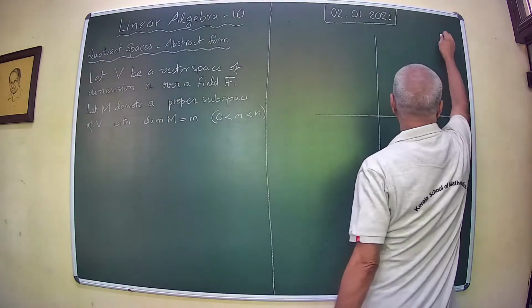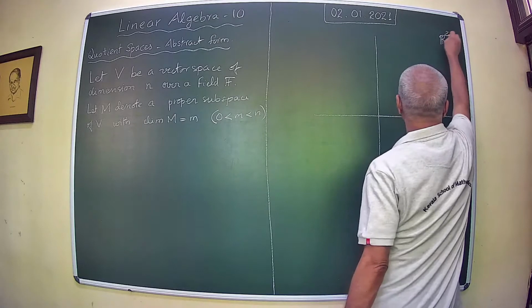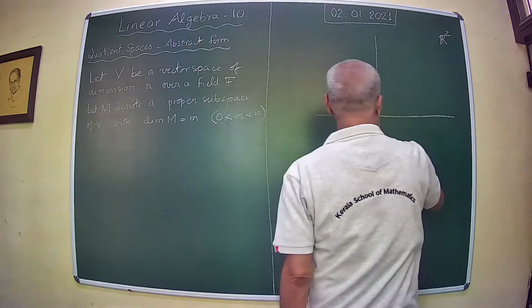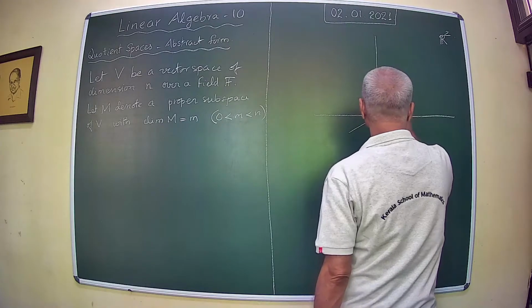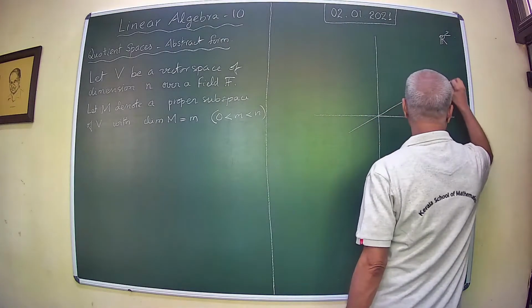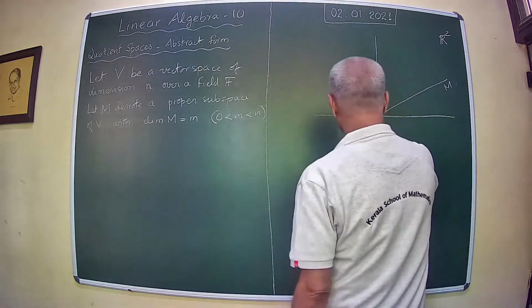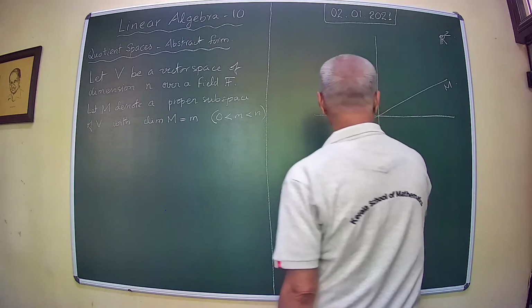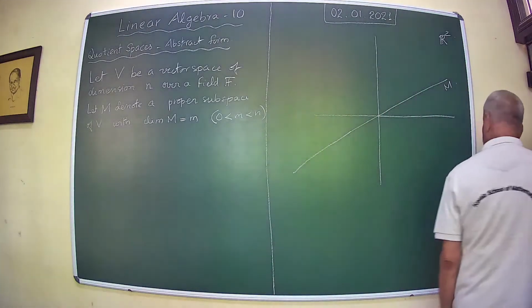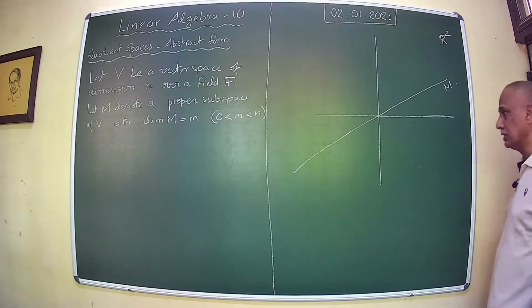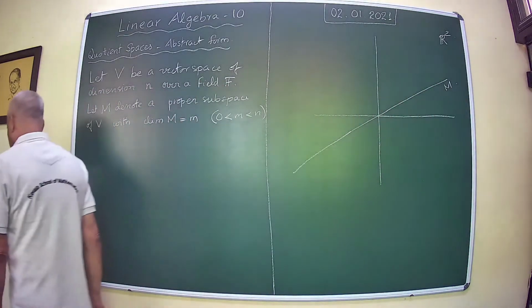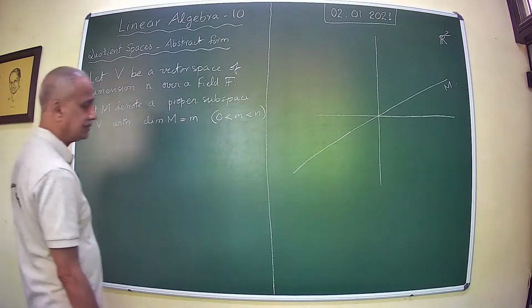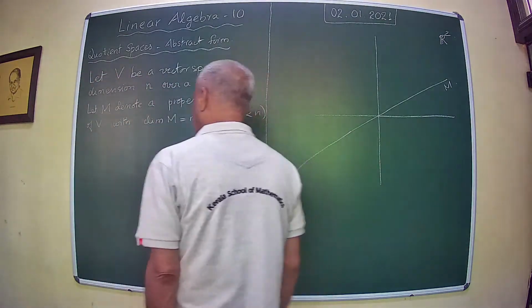So this is R2 over R with M, a one-dimensional subspace, manifesting itself as a line passing through the origin. Now we start working on the sets.